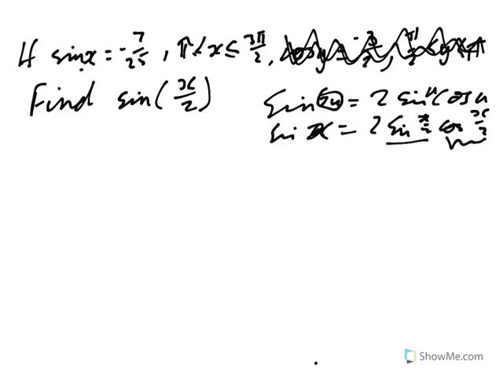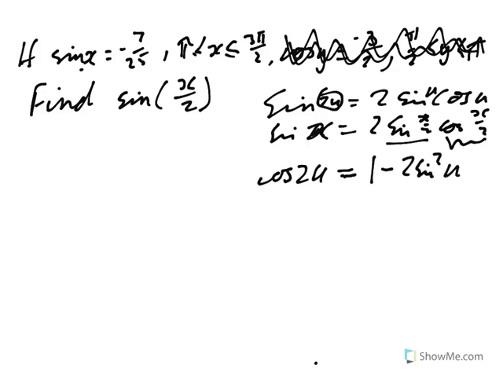So we're going to have to do something with cos here. So cos 2u, and the version we're going to use is obviously the version that has sine in it, which is 1 minus 2 sine squared u.